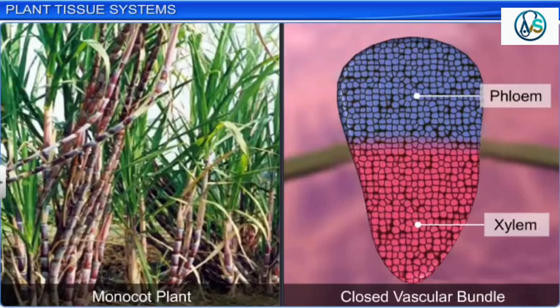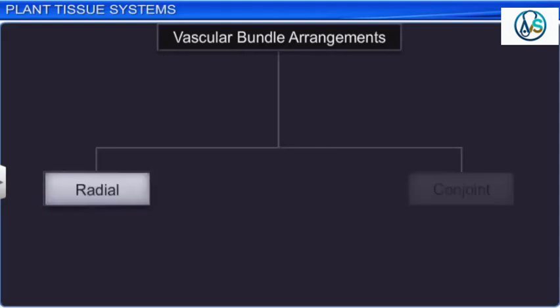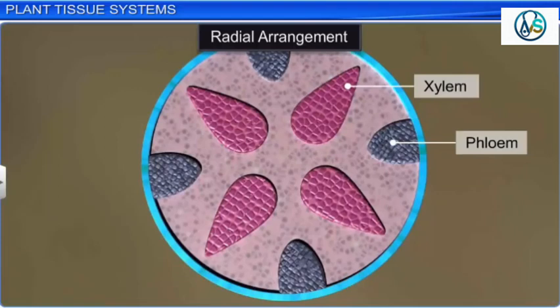There are two types of vascular bundle arrangements, radial and conjoint. The radial arrangement is generally found in roots, where the xylem and phloem in a vascular bundle are arranged in an alternate manner at different radii.